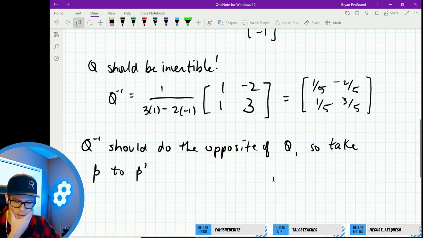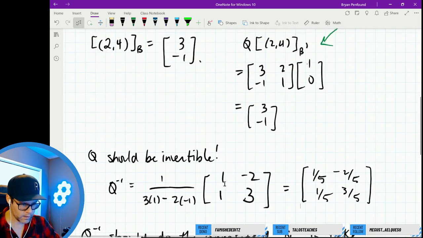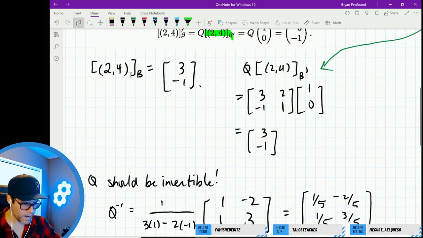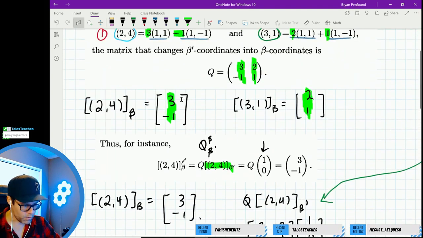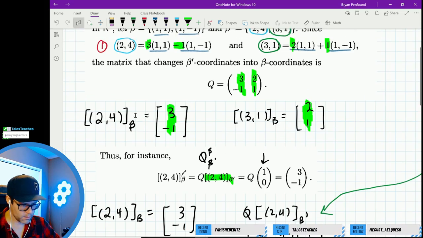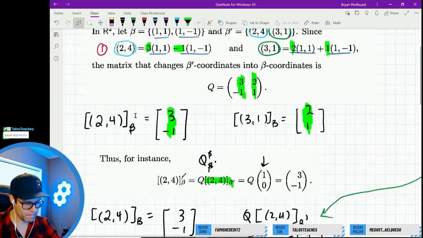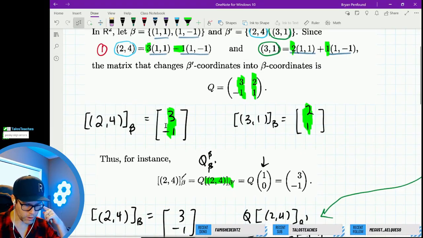So let's take a look. Is it true that this Q inverse will take coordinate vectors with respect to the beta basis and convert them over to coordinate vectors in the beta prime basis? Let's see. We have a couple with respect to basis beta. Maybe let's take this one, (2, 4) with respect to beta, and multiply it by Q inverse.